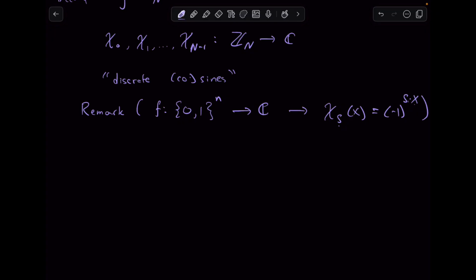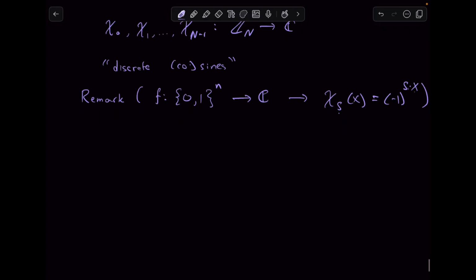In this case, our pattern functions are going to look a little bit different. For chi of s acting on x, it's going to be the nth root of unity raised to this product between s and x. And unlike in this case, where this was the mod 2 inner product, this is going to be just the normal product of two integers.